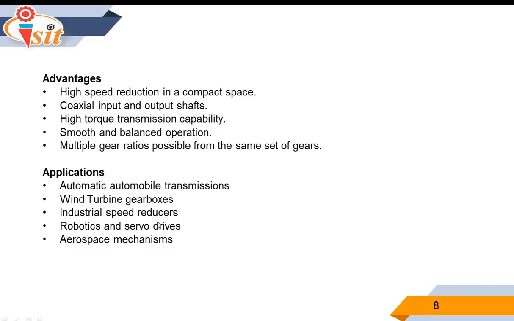In the last video we saw the simple gear train and compound gear train, and in this video we saw the reverted gear train and epicyclic gear train. The main summary or importance of these gear trains is that they play a vital role in mechanical engineering because they allow engineers to control speed, torque, and direction of motion with high precision.